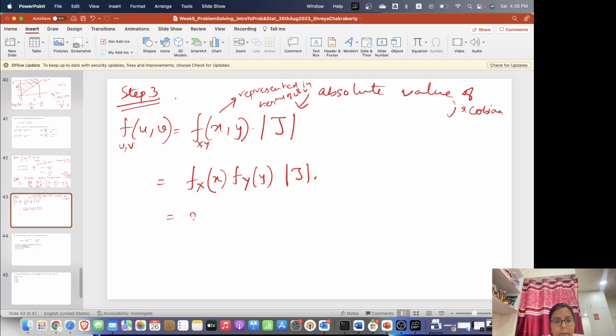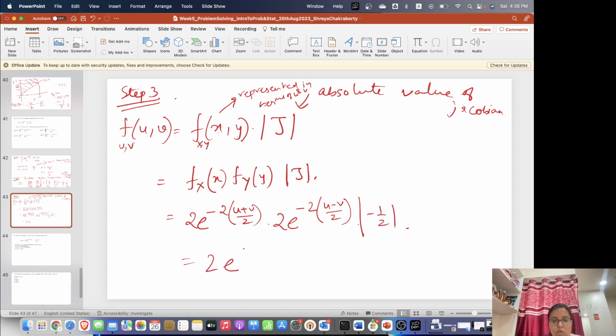So this one we had 2 e to the power minus 2 into x. X was what? (u plus v) by 2, into 2 e to the power minus 2 into y. Y was what? (u minus v) by 2. And the Jacobian modulus was this thing.